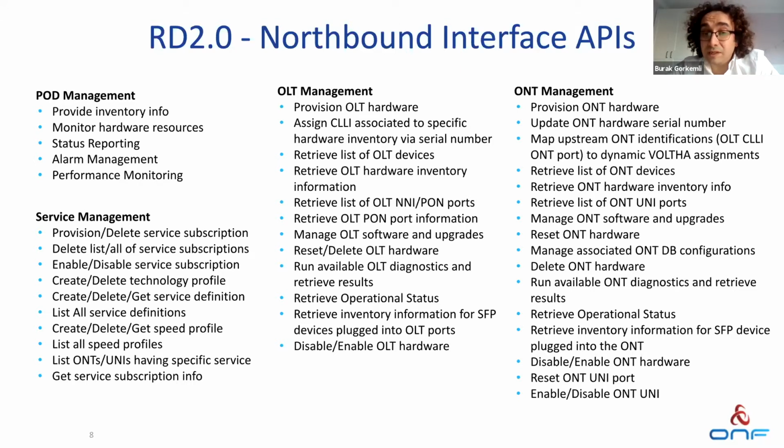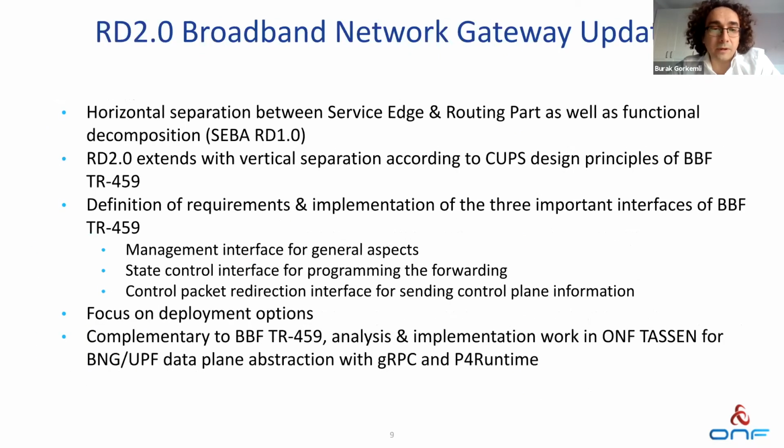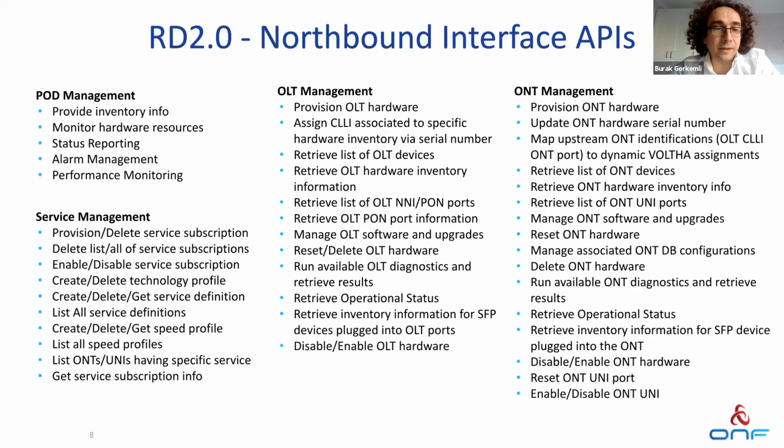We can get the list of ONT UNI ports. Like the OLT, we can upgrade the ONT firmware and also get what is there in terms of software. We can reset the ONT, delete it, and run some ONT diagnostics.